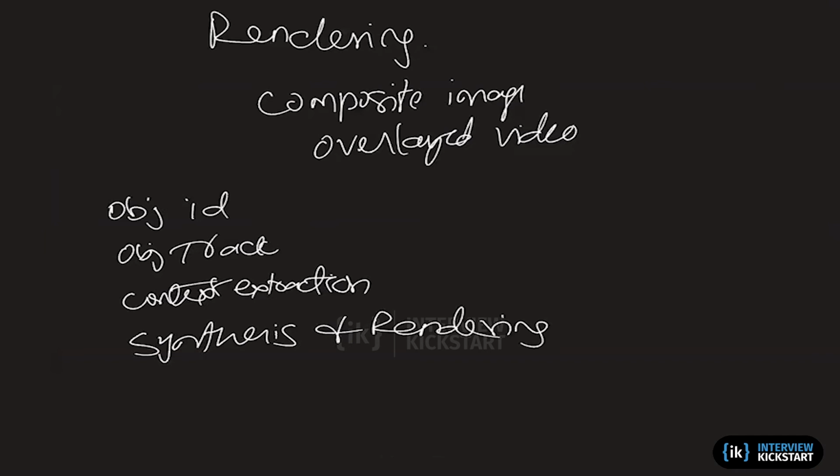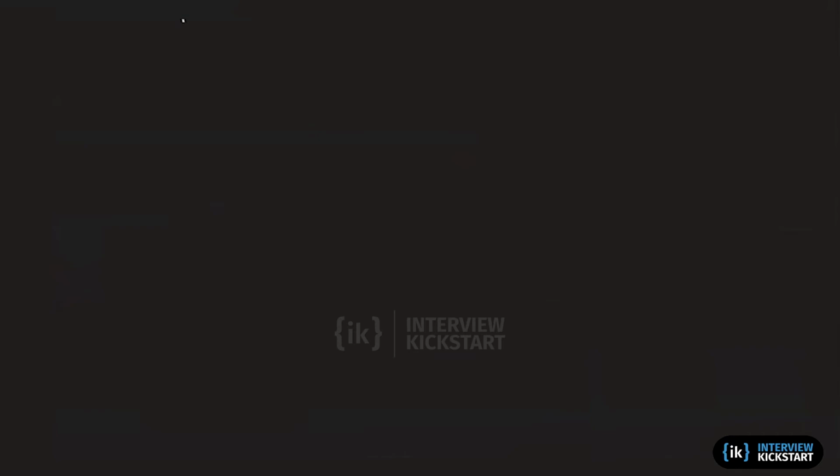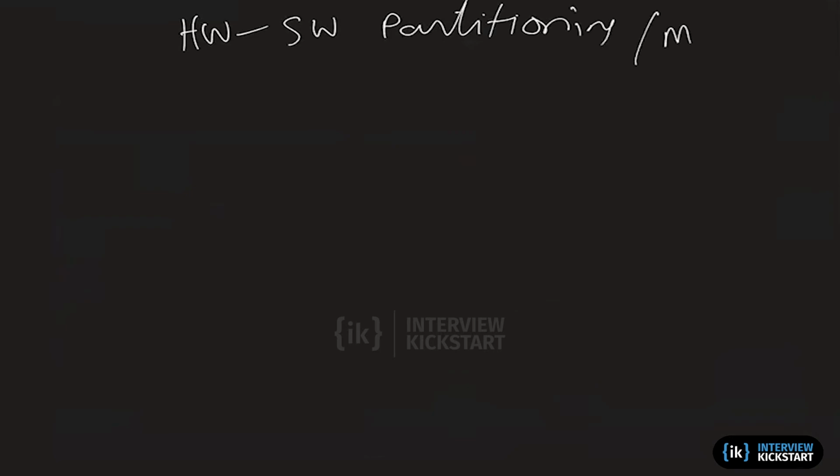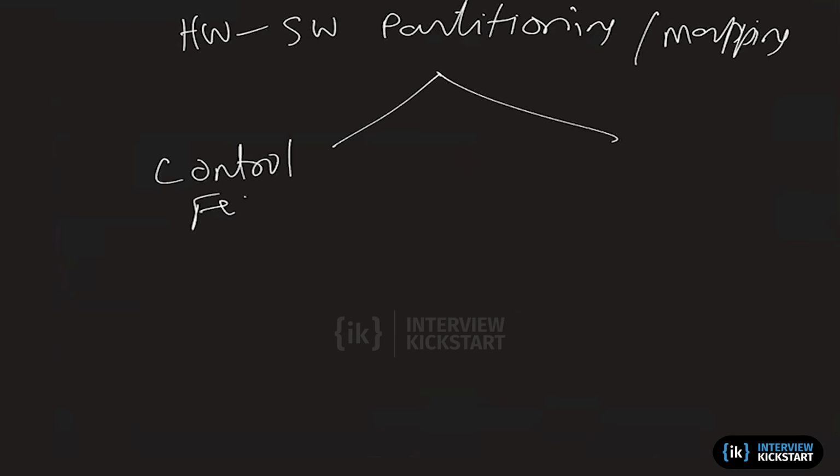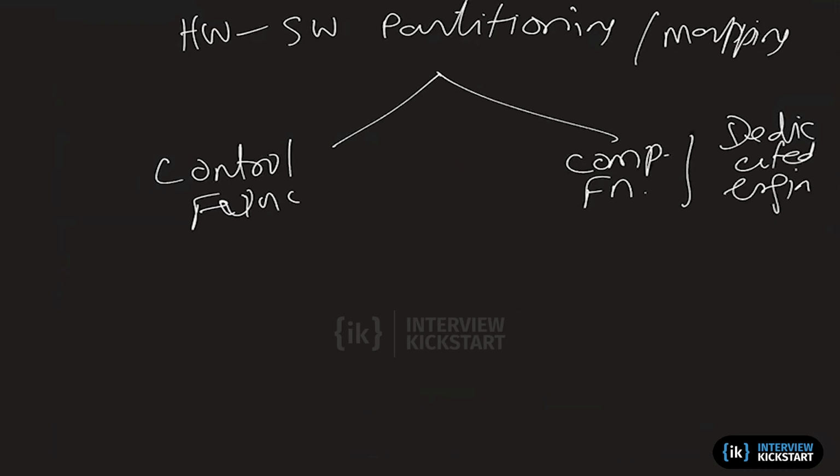The next thing is, when you're designing this, you have to do the hardware software partitioning or mapping. Now, as you know, all these are video centric functions. So you will have to distinguish between control functionality and computing functionality. Mostly these will have dedicated engines or dedicated SOCs or cores.